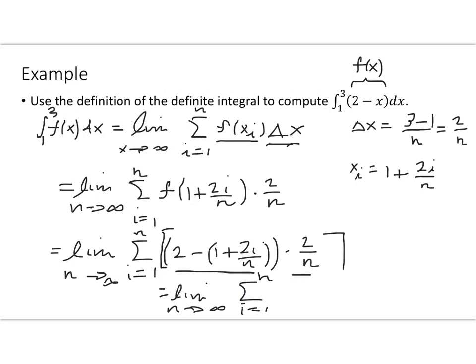It should be 2 over n minus 4i over n squared. Okay. So now, ultimately, we're going to have to find a reasonable way to compute this sum, and then we'll have to compute the limit.